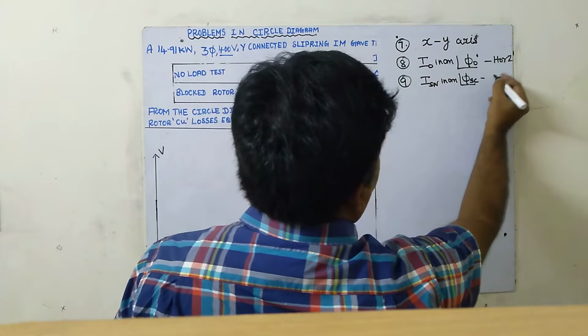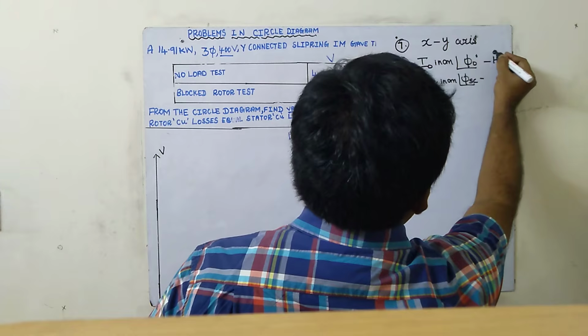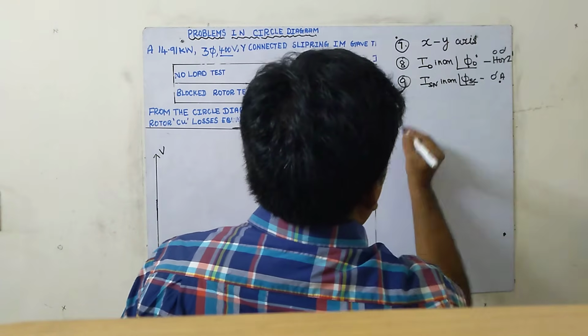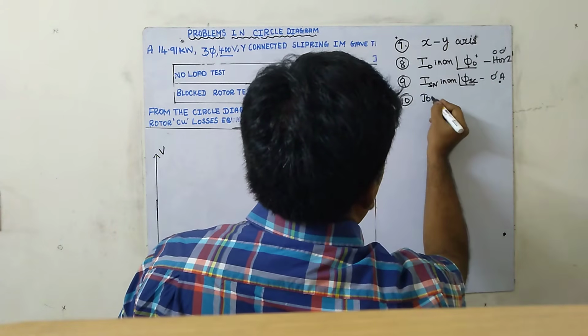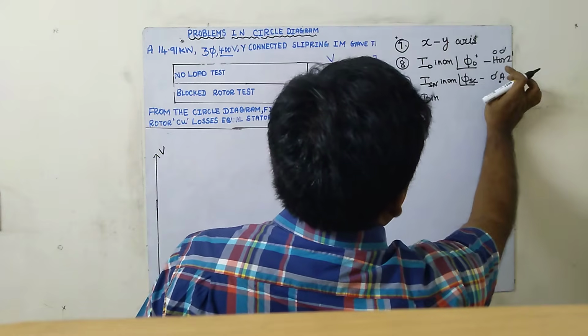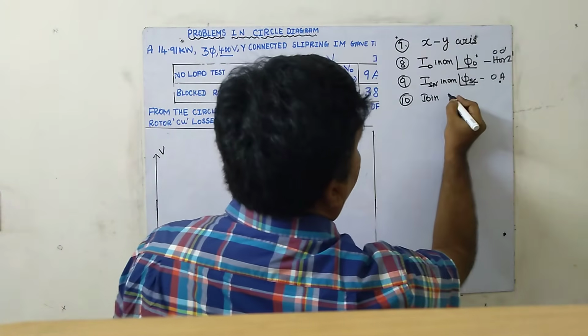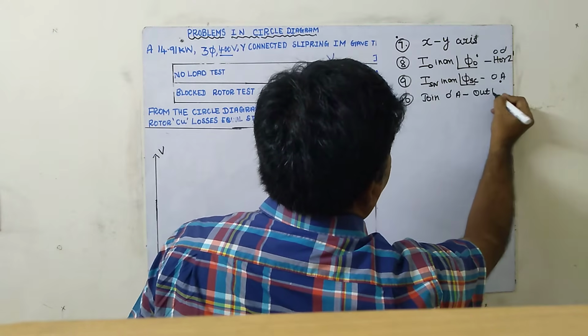This is O dash, this is OA. Next, the 10th step: join O dash A. This line is called the output line.